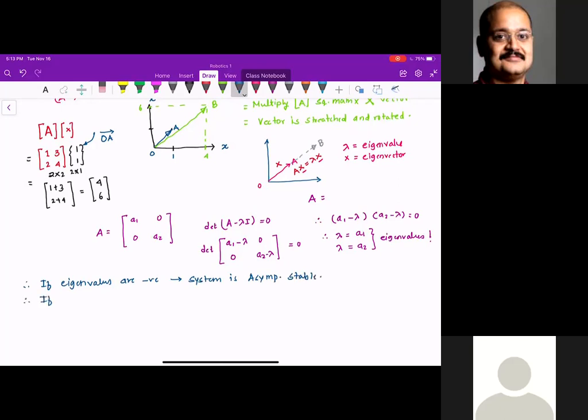If eigenvalues are 0, the system is neutrally stable.